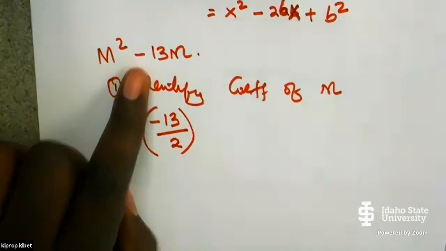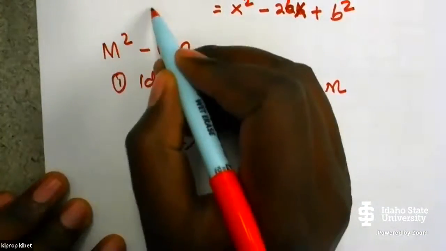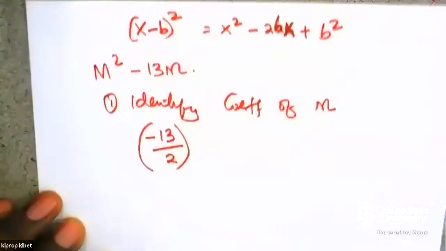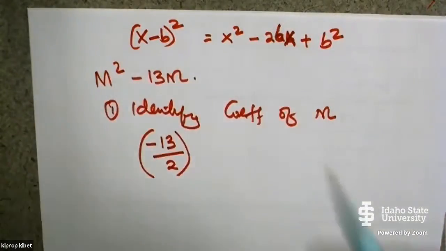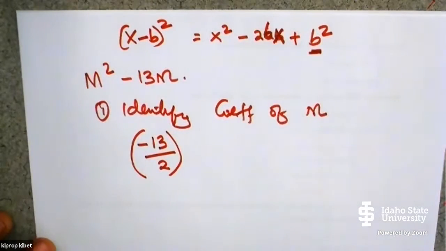And that is x minus b, squared. It is of that form because we have a minus here. So we are trying to look for this value.